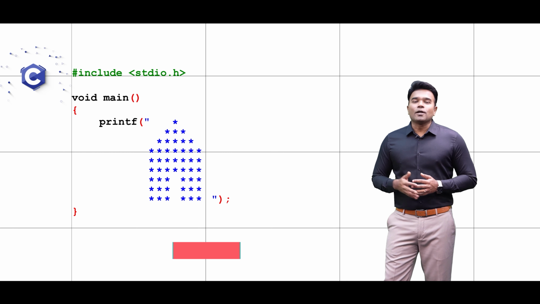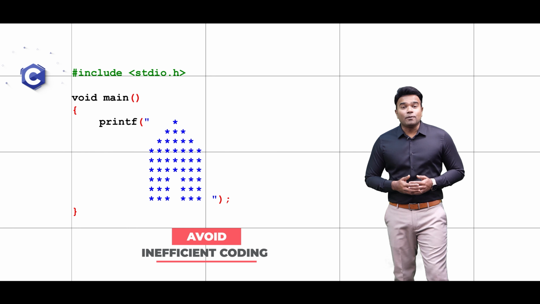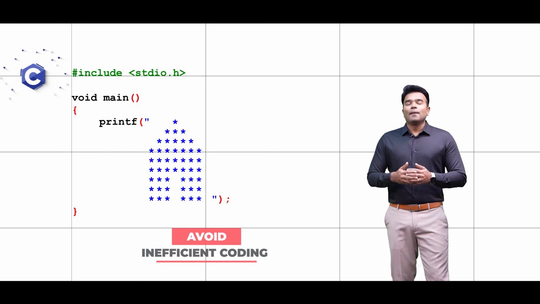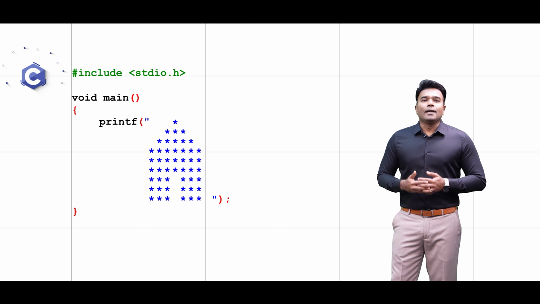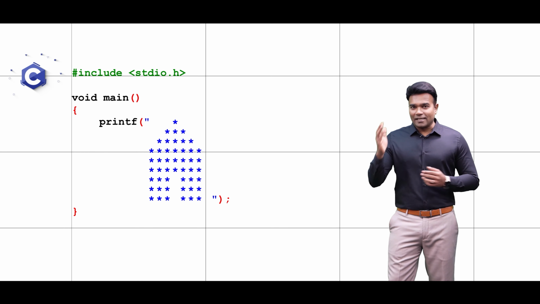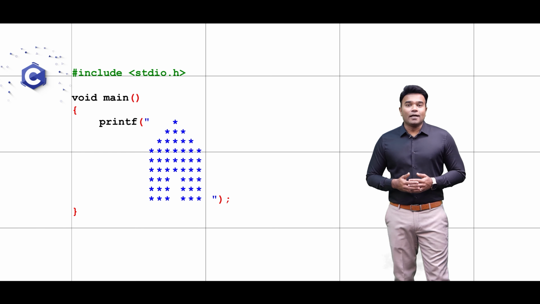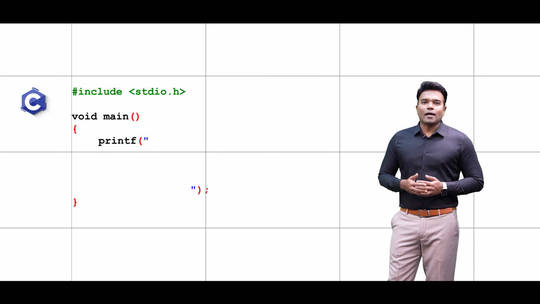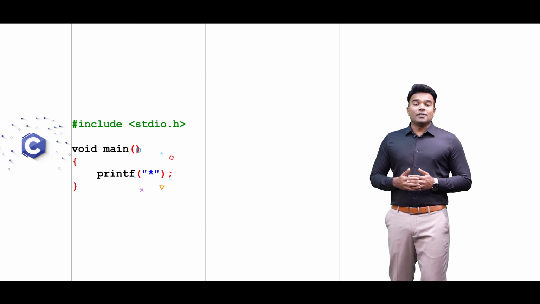This is the most absurd way of writing programs, and definitely your interviewers would not be impressed with this kind of programming. You need to showcase your programming skills not by just writing everything in a single print command and then saying that you have achieved the required pattern. Definitely this is unacceptable. You should always write your code in such a manner that the print command is going to have a single star in it.